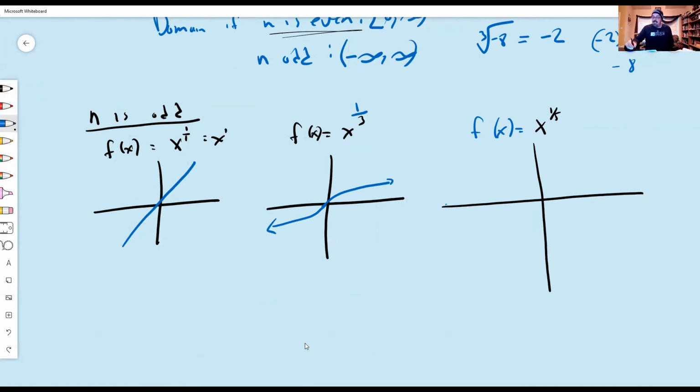So as n, in this case 5, is larger, we're going to be flatter here at the origin. So we come in and flatten out a little bit more, something like that.